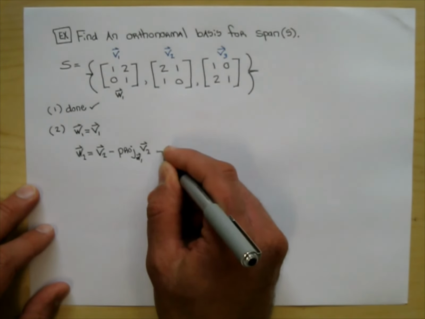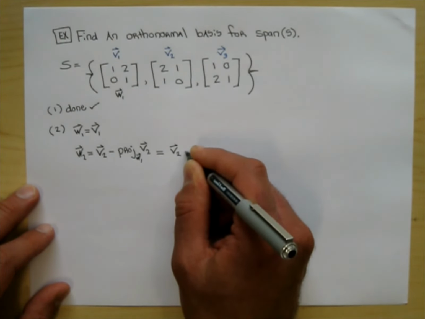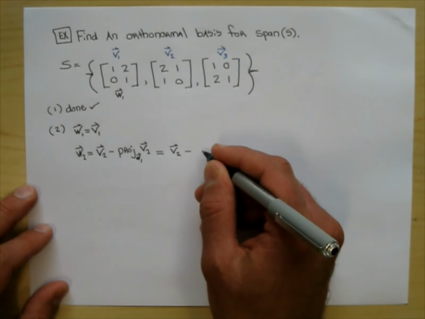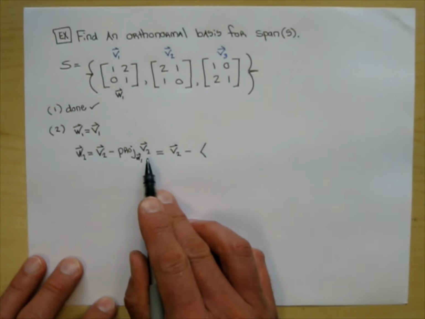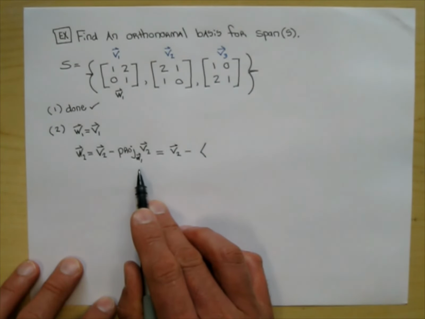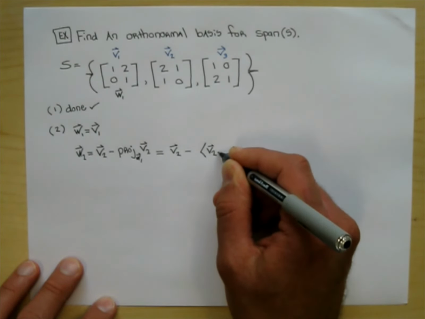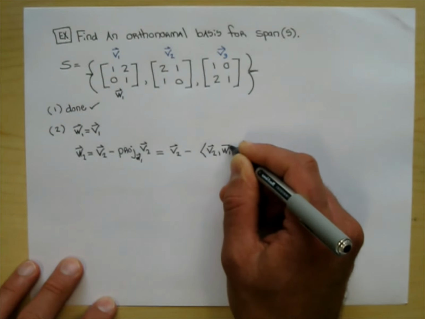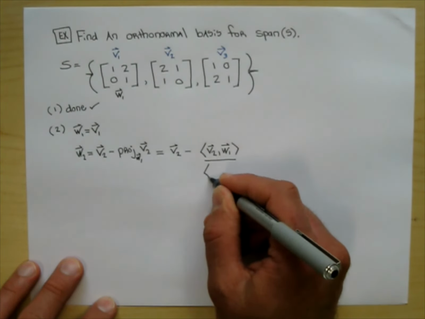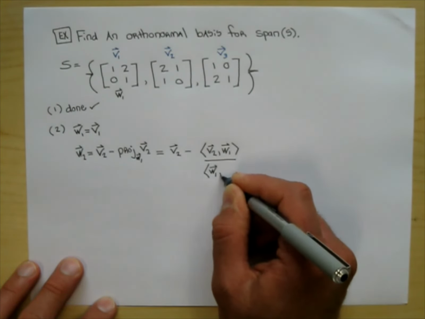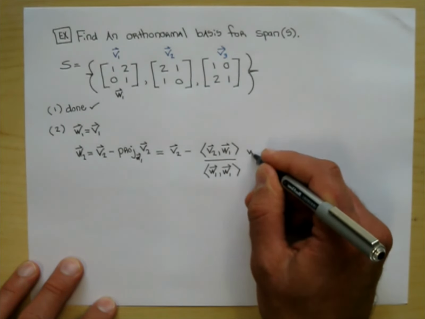So here we go. This is V2 minus, okay, the projection looks like this. The projection of V2 onto W1 is going to be the inner product of V2 and W1, and then we have the inner product of W1 with itself on the bottom, and then we have W1 here.